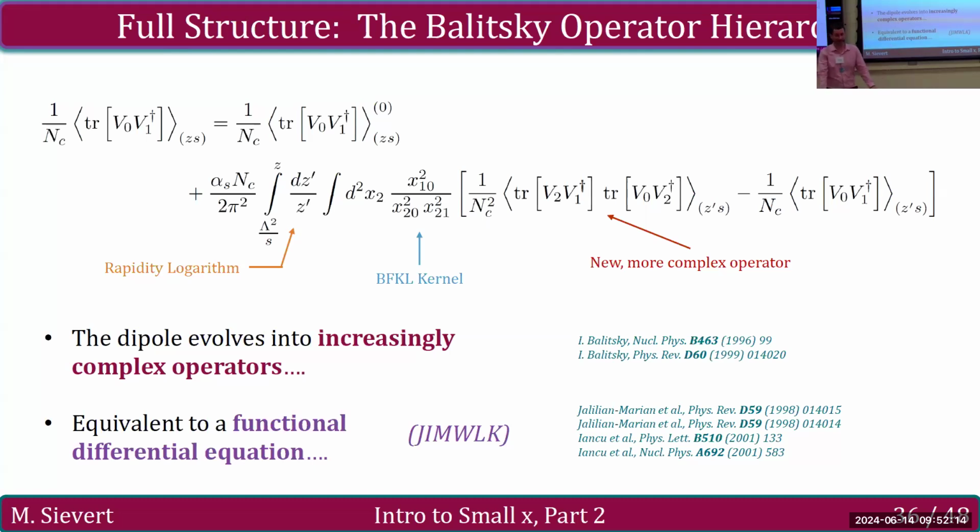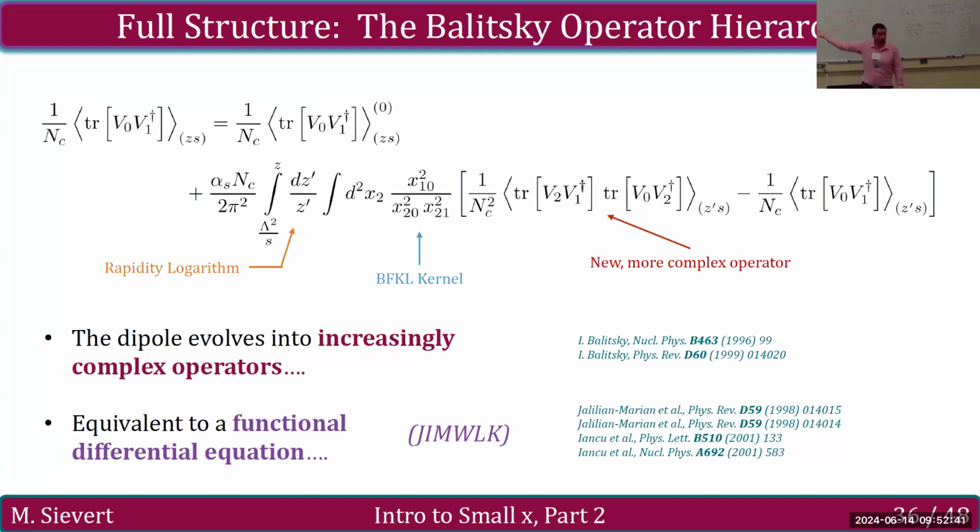And at 3 steps of evolution, I'm going to end up with a system that always has more and more complicated scattering systems with more partons in them passing through the shockwave. So I start off with something that looks like this, and then my correction looks like this, and then the correction looks like this, and so on and so forth. And every time I'm increasing the complexity of my operator, which is passing through the shockwave.